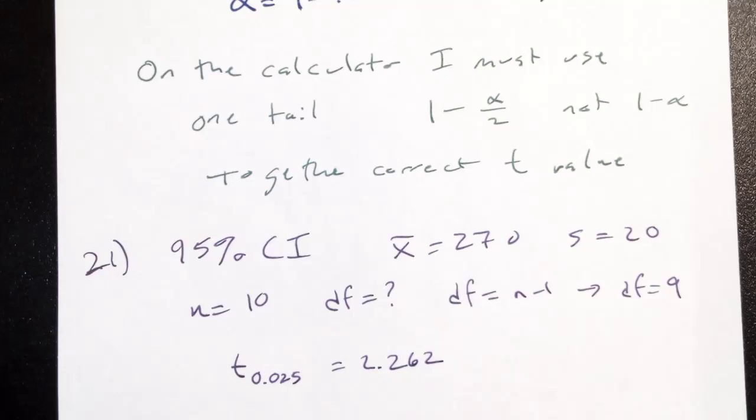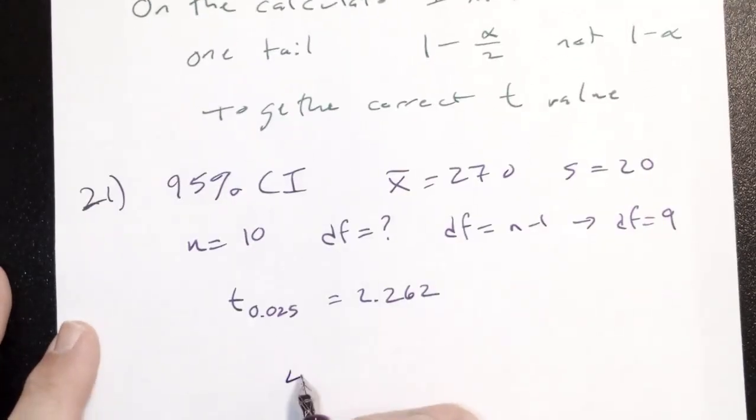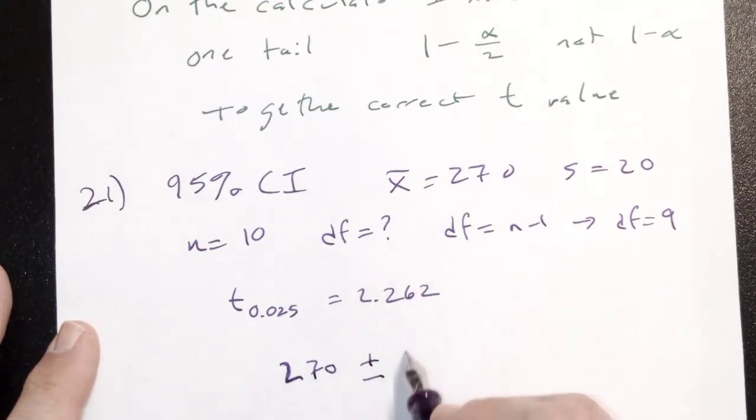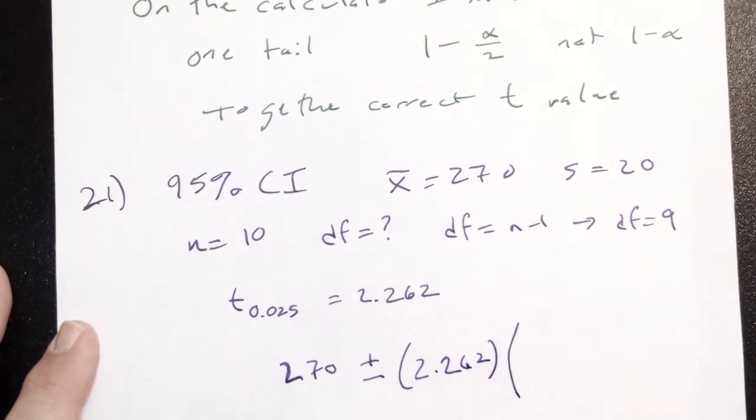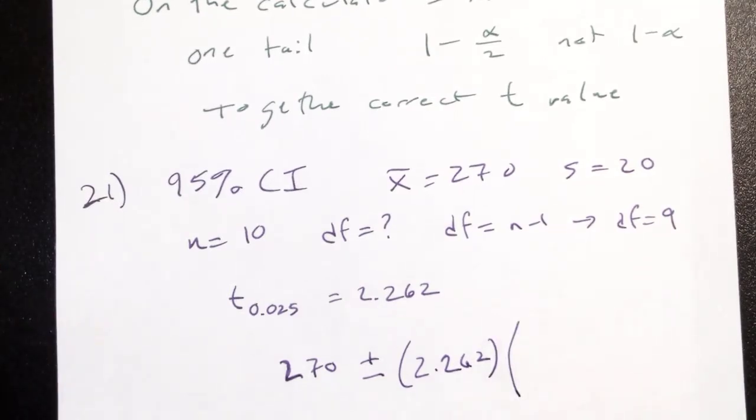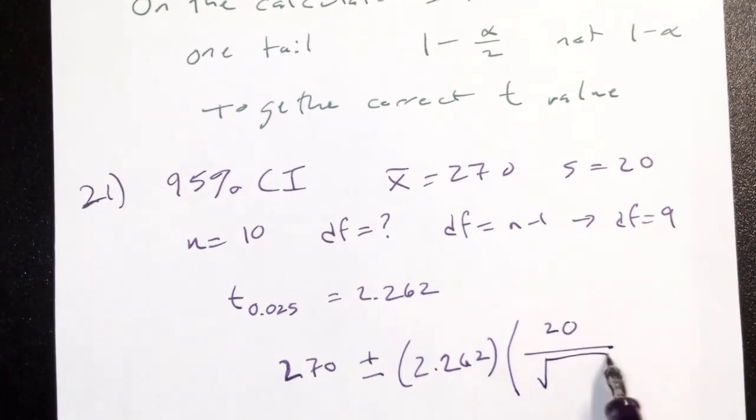So now I can say, oh, my confidence interval should start at 270, add or subtract our t-value multiplied by the standard deviation over the square root of n.